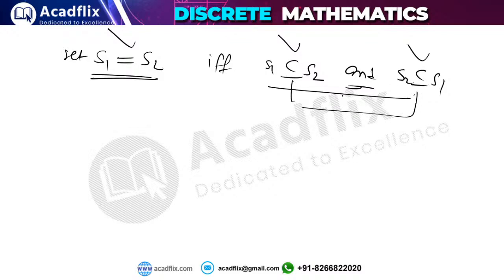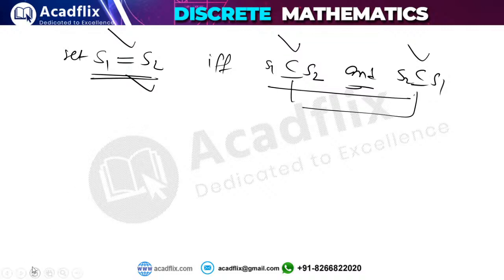Whenever both happen, we can say that S1 is equal to S2. This is what I used to prove that our relation was anti-symmetric.